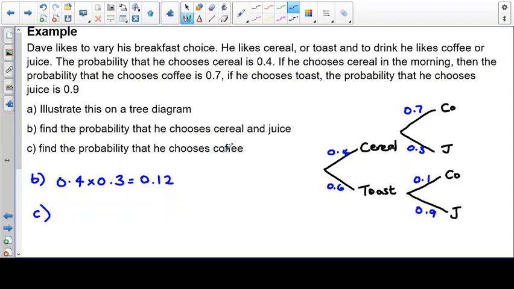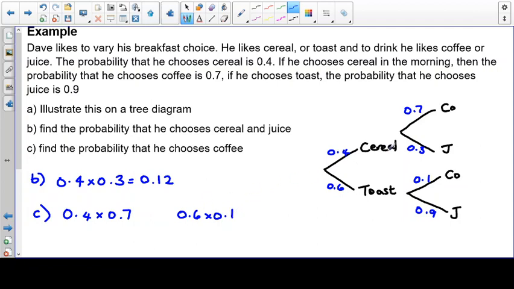Find the probability he chooses coffee. Well, he could choose cereal and then choose coffee, or he could choose toast and then choose coffee. So cereal and coffee, toast and coffee.